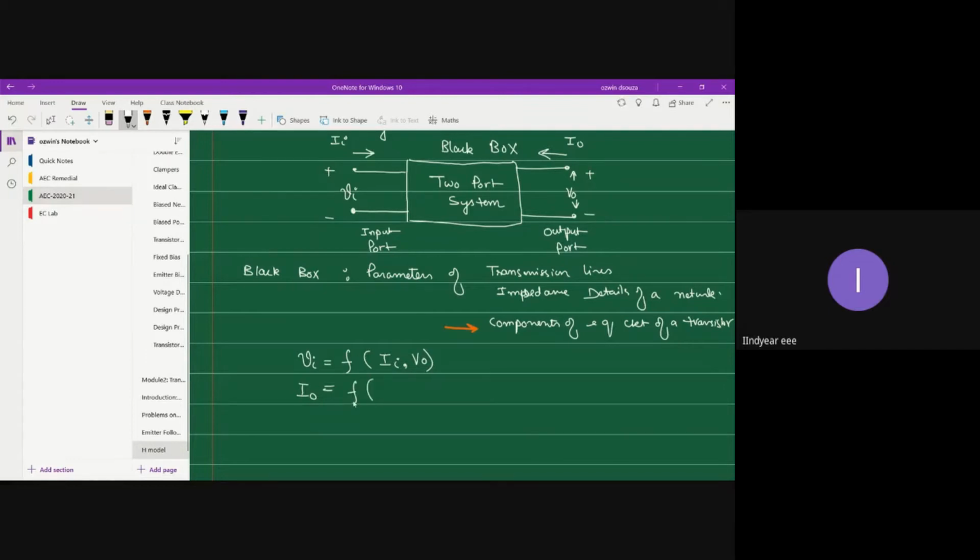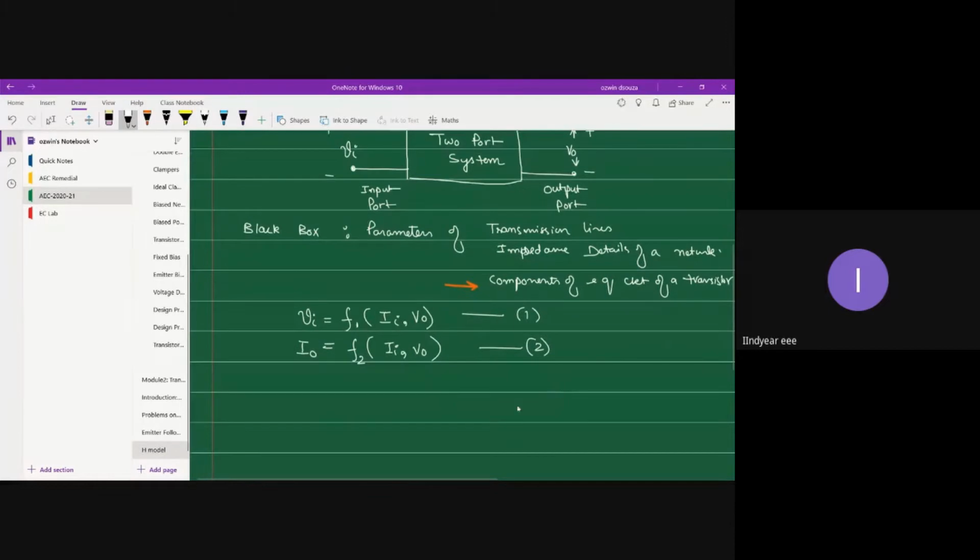Similarly, I0 we express as a function of Ii and V0.